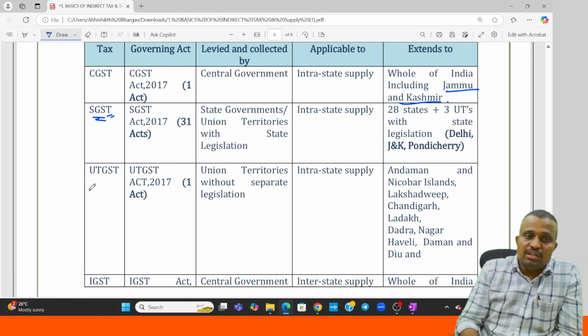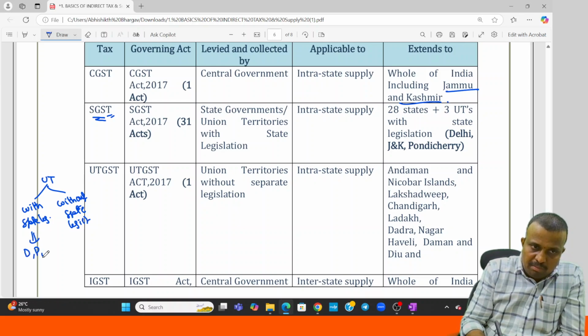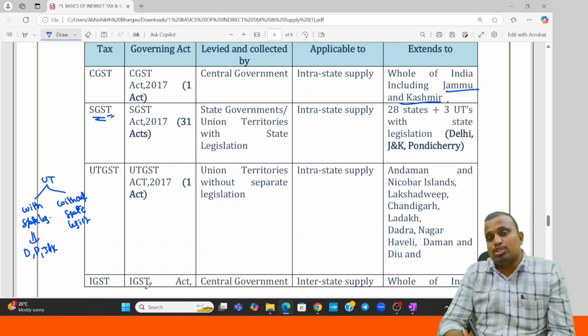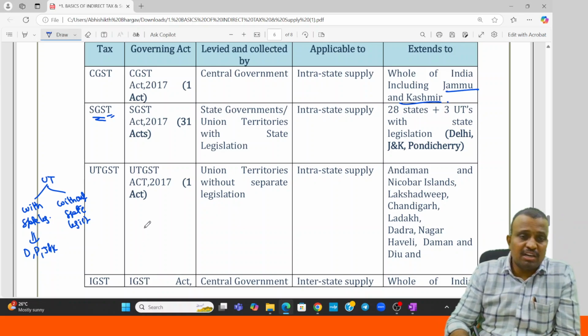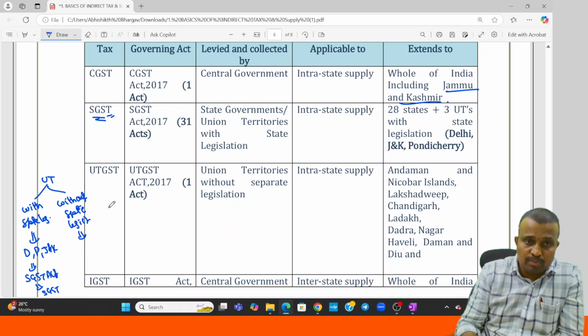There are two types: with state legislation and without state legislation. With state legislation, we have Delhi, Pondicherry, and Jammu and Kashmir. There, the SGST Act is applied, and SGST is levied by the corresponding government.